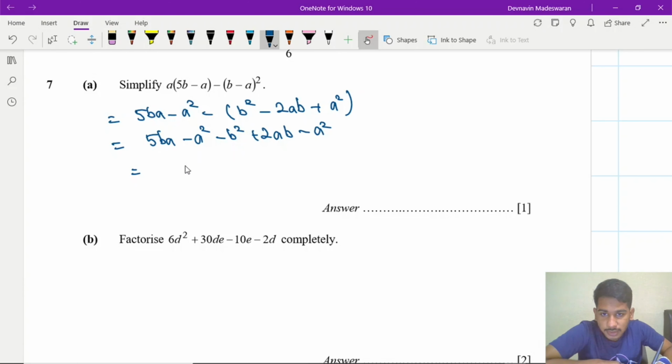So it's going to be negative a square, negative b square, plus 7ab. So 7ab minus a square minus b square.